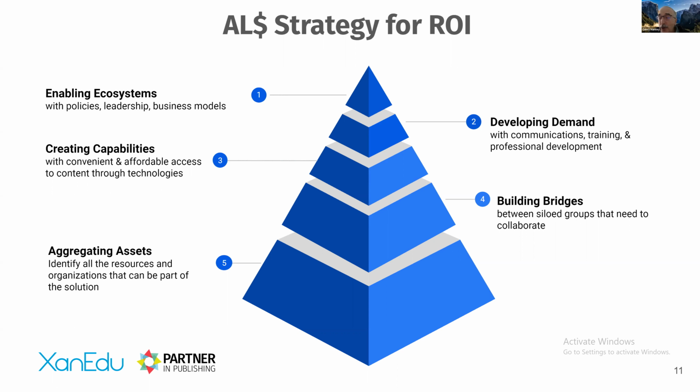And people are being much more creative now. So if you're looking for a framework of how to think about bringing affordable learning, here's the ABCDEs, right? That can guide a strategy for you to develop.